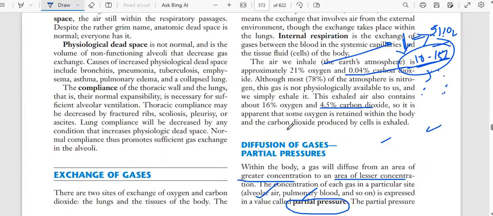So basically, in the environment, gases have pressure, just as our body is measured by weight. My weight is 60, another person's weight is 80, another's is 45, and a newborn infant's weight is 2, 3, 4 kgs.